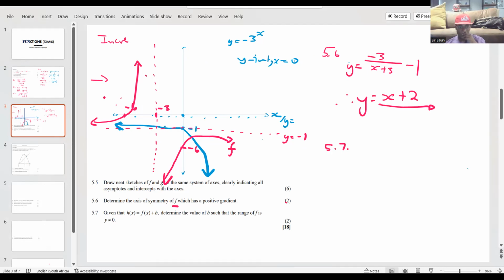Given that h of x is equal to f of x plus b, determine the value of b such that the range of f is not equal to 0. I want to explain something about the range for the hyperbola, y is equal to a over x minus p plus q.